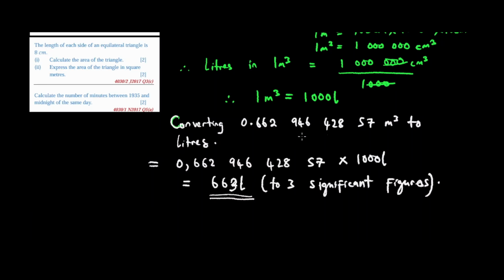Ndobva tawana namba yakurisa, but zvatangoita tangoti 0.662 946 42857 times 1 cubic meter. 1 cubic meter iyi ndo yataona kuti inge iri 1000 liters. Ndobva tatongo multiply tikawana 663 liters to 3 significant figures.